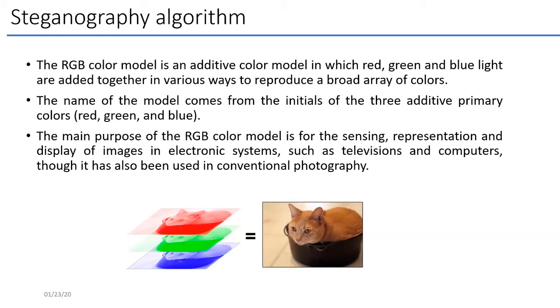So each pixel uses 3 bytes of data. If you want to represent a pixel, it needs 3 bytes of data, one for red, one for green, the other for blue. That's what you are seeing in the picture. This cat can be filtered into multiple planes like red, green, and blue. And this is one of the color models which most of our electronic devices use.